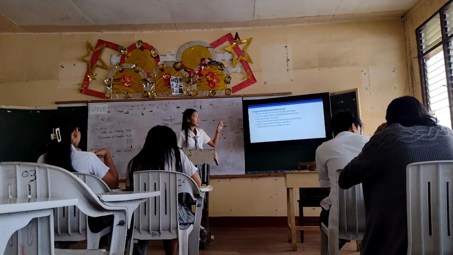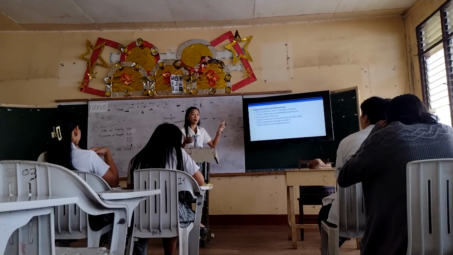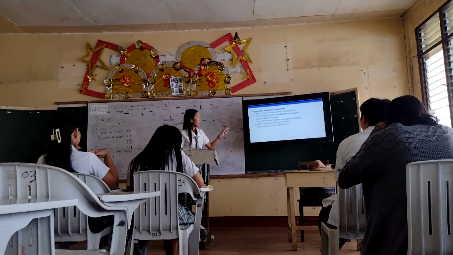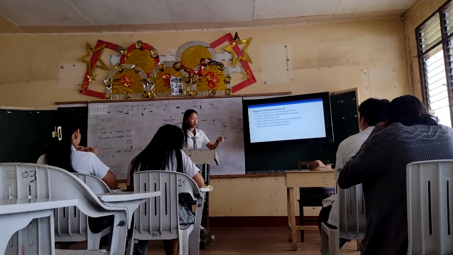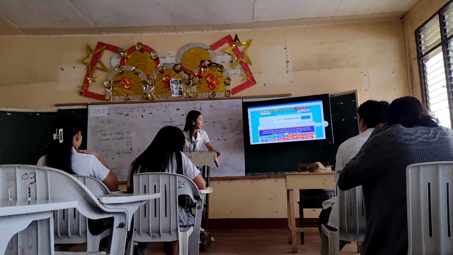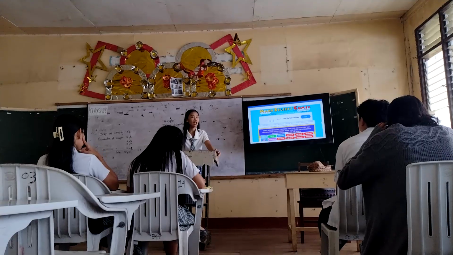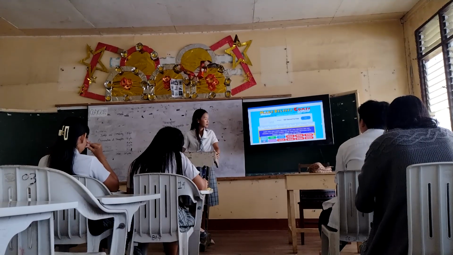Then we have comic strips, which allow your students to make comic strips, human brain clouds, mind maps, and bumper words. This is comicscript.com. They have different features and it allows your students to create comics.